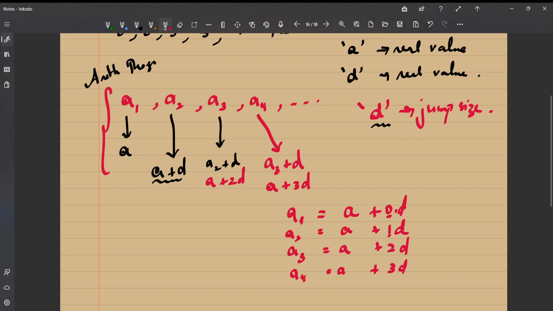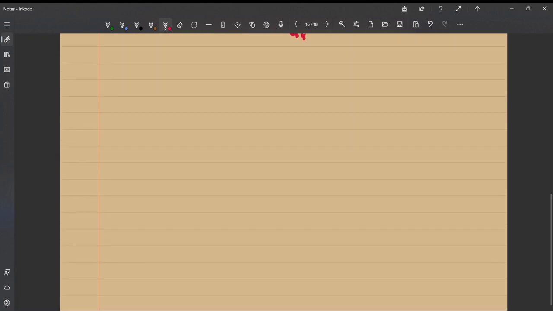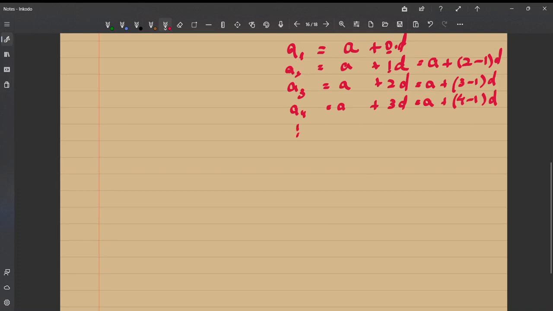Since the multiplier is one less than the term number, a plus 1d is a plus 2 minus 1 d. a plus 2d is a plus 3 minus 1 d, because we observed that it is one less than the term number. And a plus 3d is a plus 4 minus 1 d. So can I generalize the whole thing and bring it down to an is equal to a plus n minus 1 d?